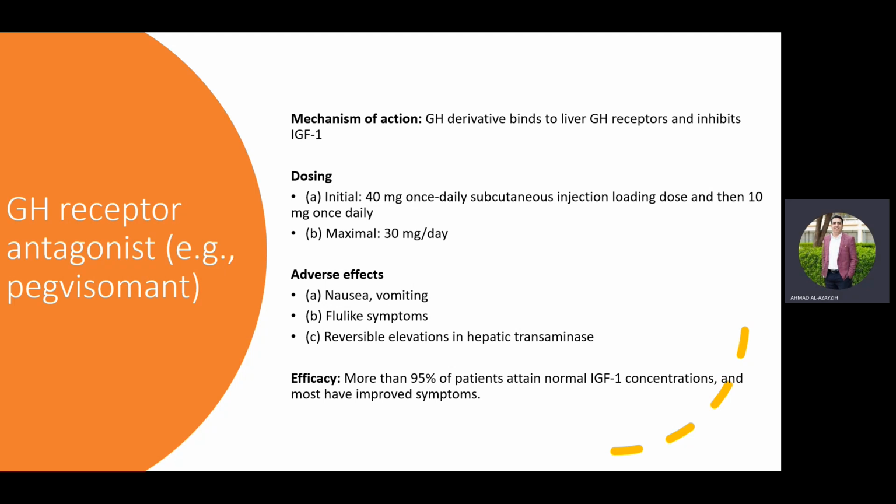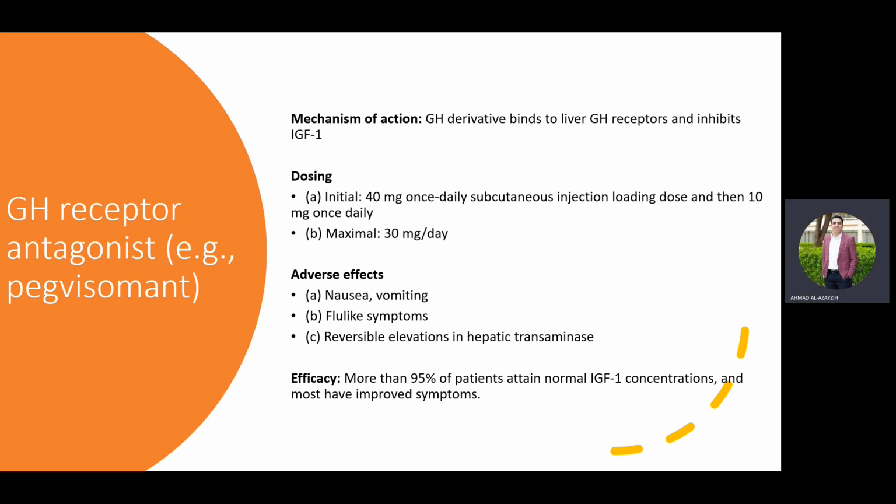Growth hormone receptor antagonist: we have such a drug named pegvisomant. Mechanism of action: it will bind to the liver growth hormone receptor and inhibit the IGF-1 release and production. It's given subcutaneously as a loading dose, then we can give a maintenance dose daily.